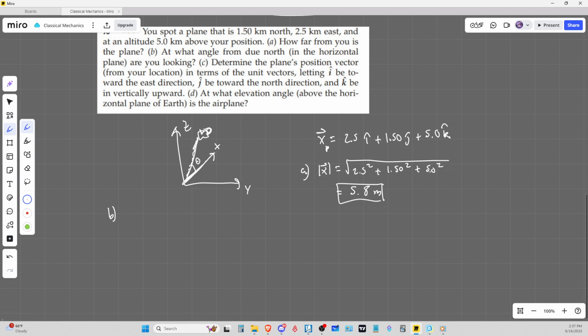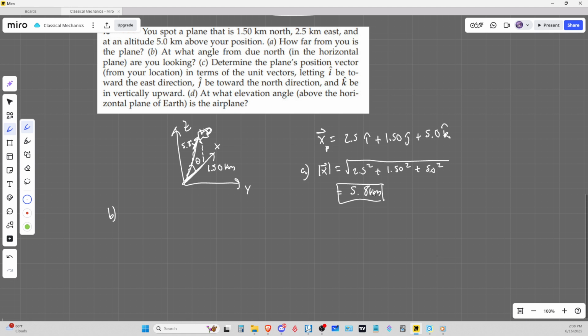So I think this vector is basically the one we have, meaning right here should be up to kilometers.